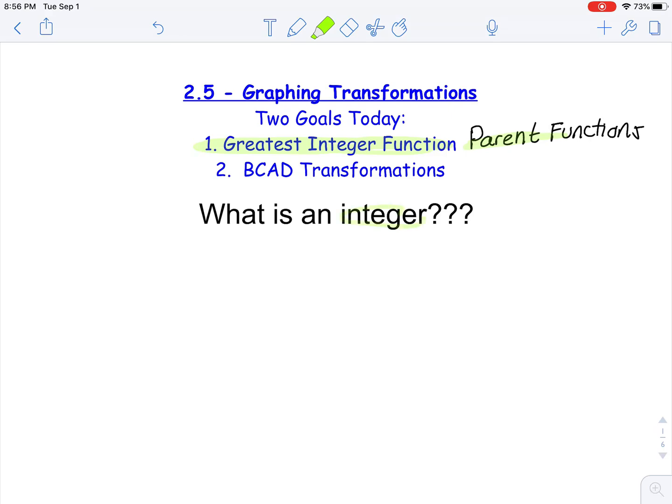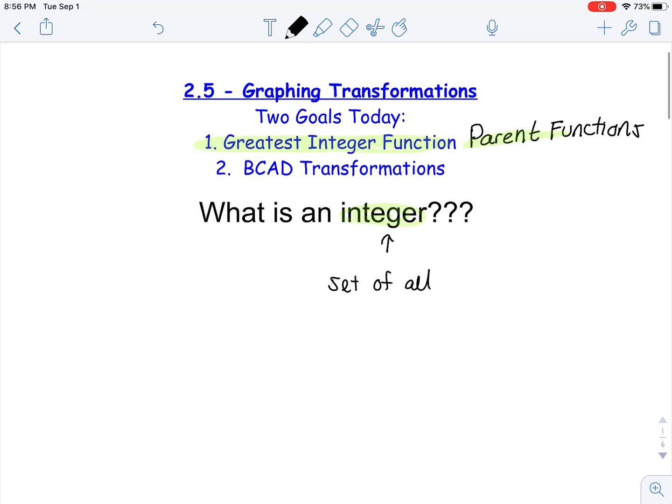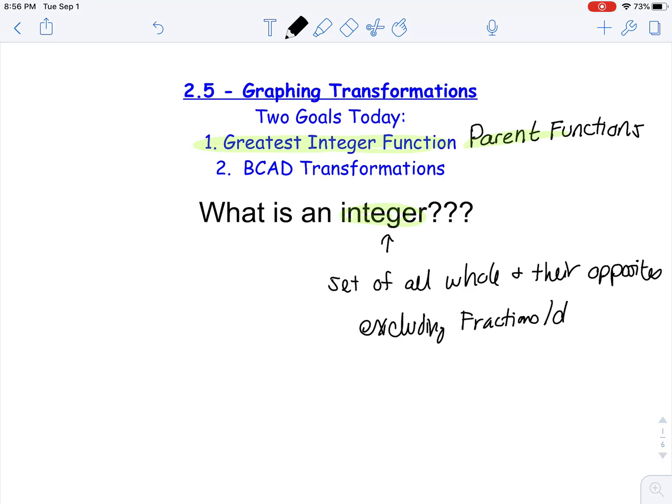Now let's start with what is an integer. By definition, remember that an integer is the set of all whole numbers and their opposites. So when we talk about integers, we are basically excluding any fractions and decimals, since those don't fall into the category of whole numbers and their opposites.